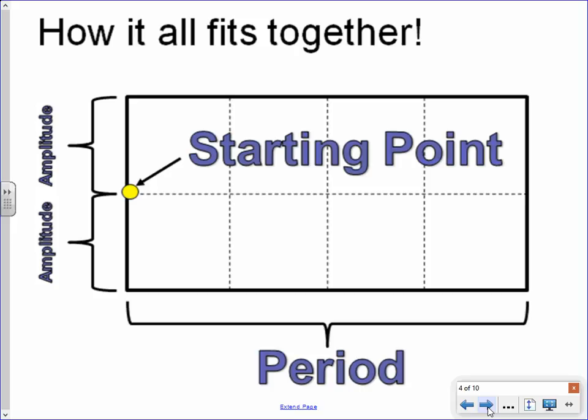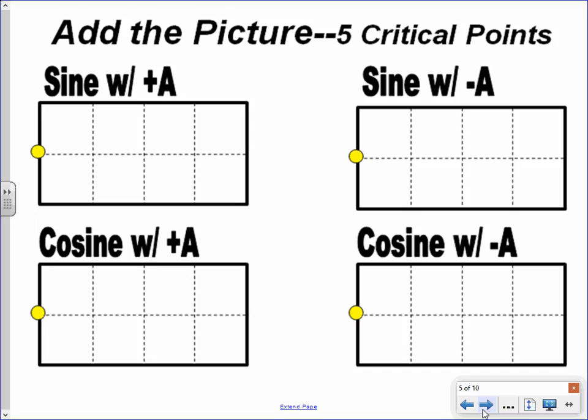That way, we have very specific places where we're going to put those 5 critical points. So what I'd like you to do is with those 4 boxes, split it in half lengthwise and then into quarters vertically for all 4 of those boxes, and then we're going to go through what the shape should be for each of those. It would probably also be a good idea to put a point and label it starting point for each of those, so you remember that that is where the starting point is.